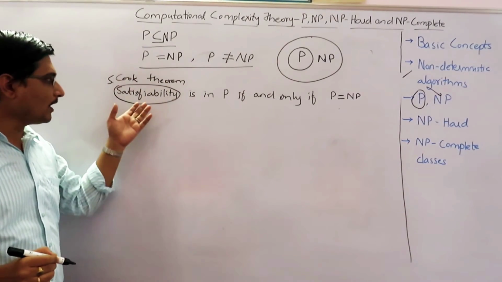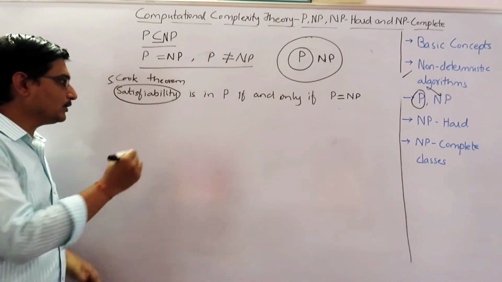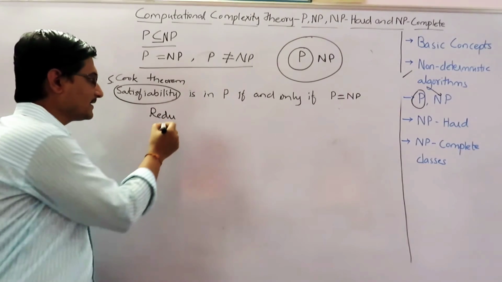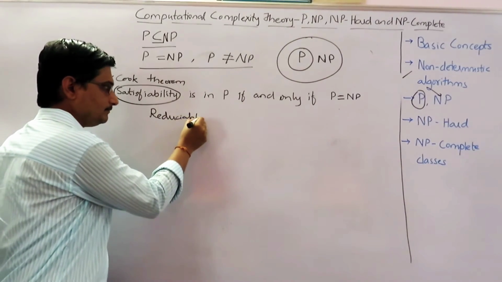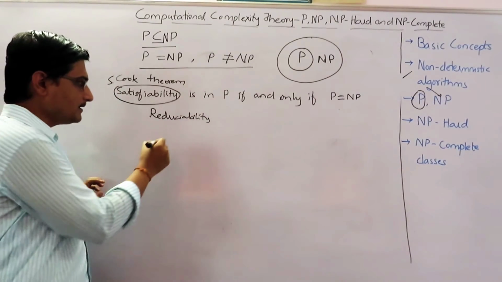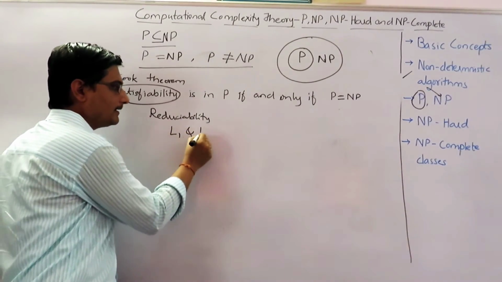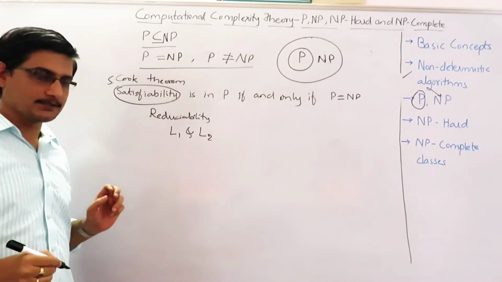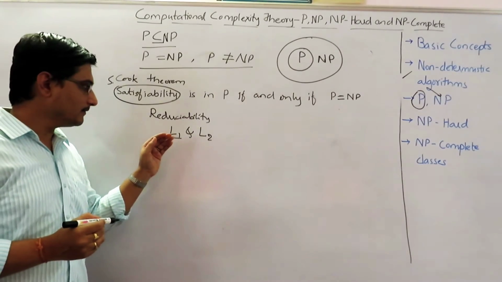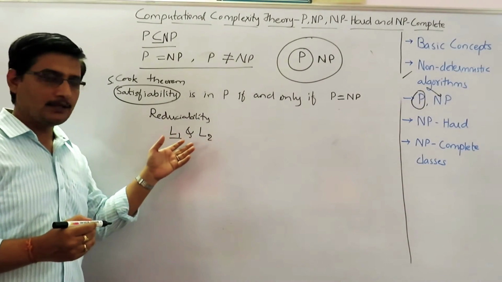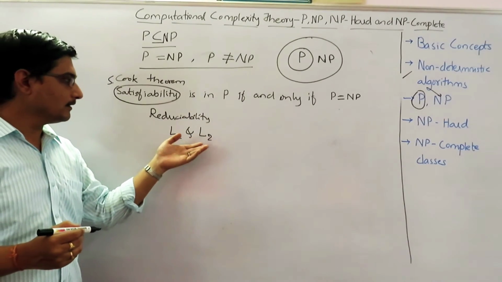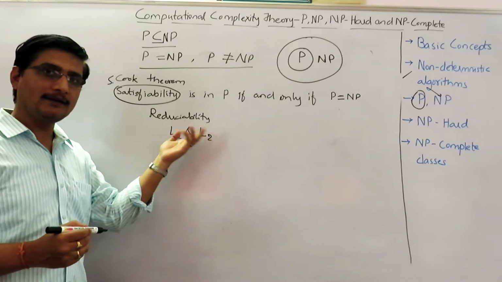To understand this satisfiability, we need to know one more term, that is reducibility. Reducibility means if L1 and L2 are two problems, if L1 can be solved in a polynomial time deterministic algorithm, then L2 can be solved in a polynomial deterministic algorithm.